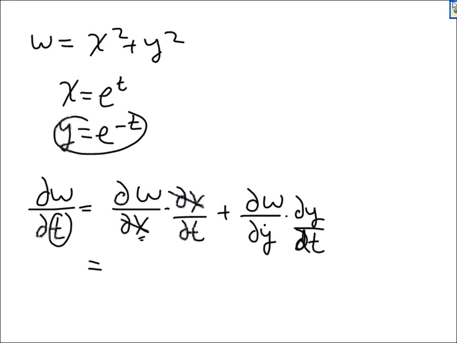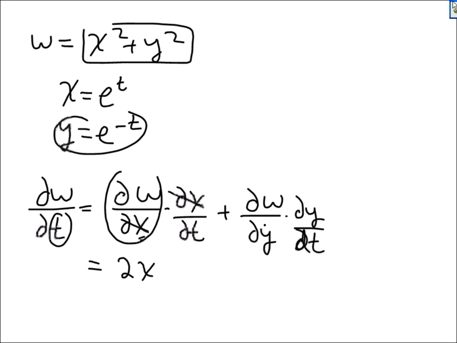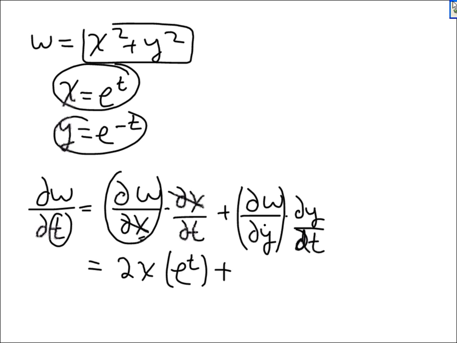Okay, well, dw dx, the partial of this with respect to x, that's just 2x. The derivative of x squared is 2x, plus the derivative of y squared with respect to x, that's a constant, times dx dt. The derivative of this with respect to t, just e to the t, plus partial w over partial y.